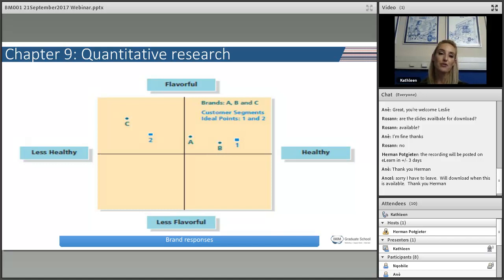Then we look at brand responses. Now remember, responses are always related to, do customers have a favorable response to our brand, and are they likely to develop purchase intention? Meaning they think that the next time they're in that usage situation, they may consider buying our particular brand.